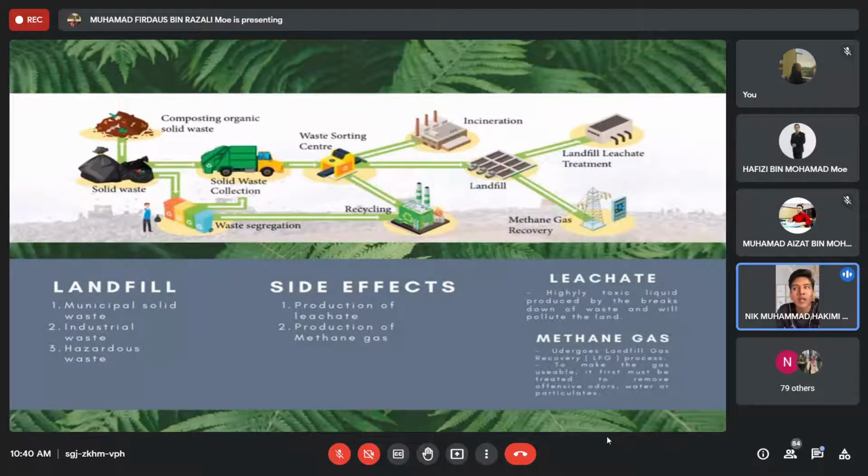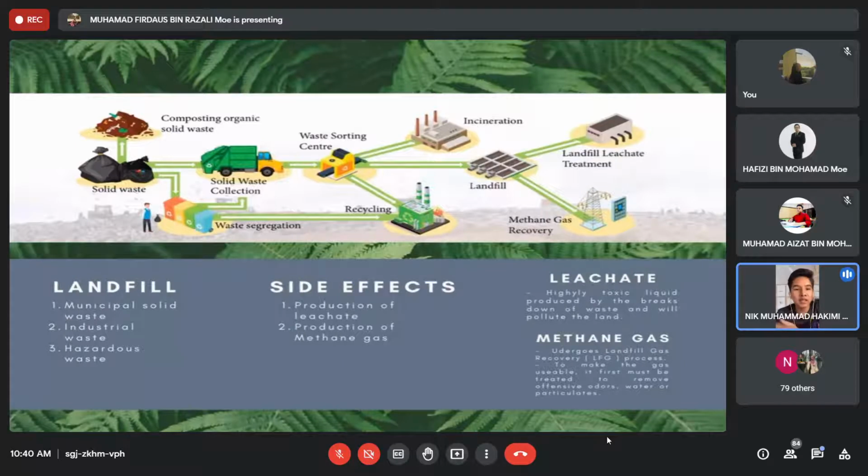For example, like grass clipping, cloth, paper, plastic and many more. Grass clipping tu kita potong rumput, rumput kita potong tu. Apa yang panggil? Tak tahulah, tapi itulah grass clipping. Okay, so next one is landfill for industrial waste, and the third one is landfill for hazardous waste.